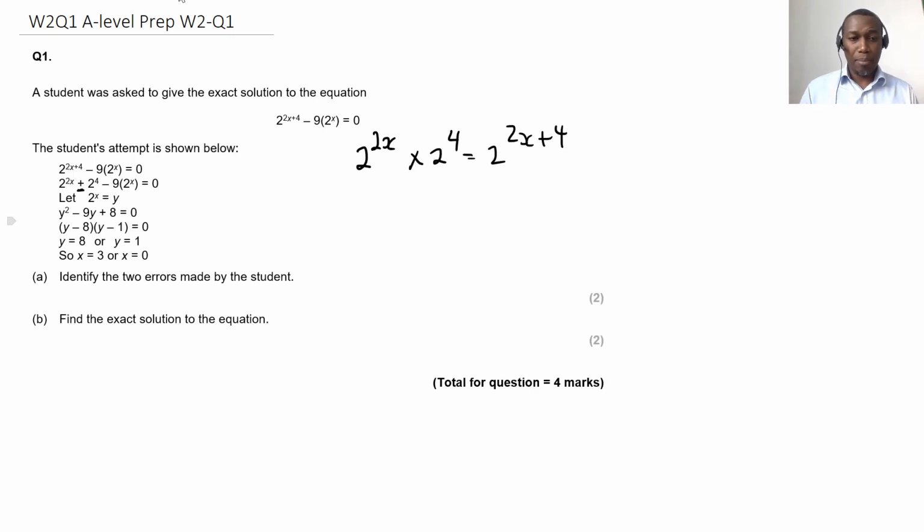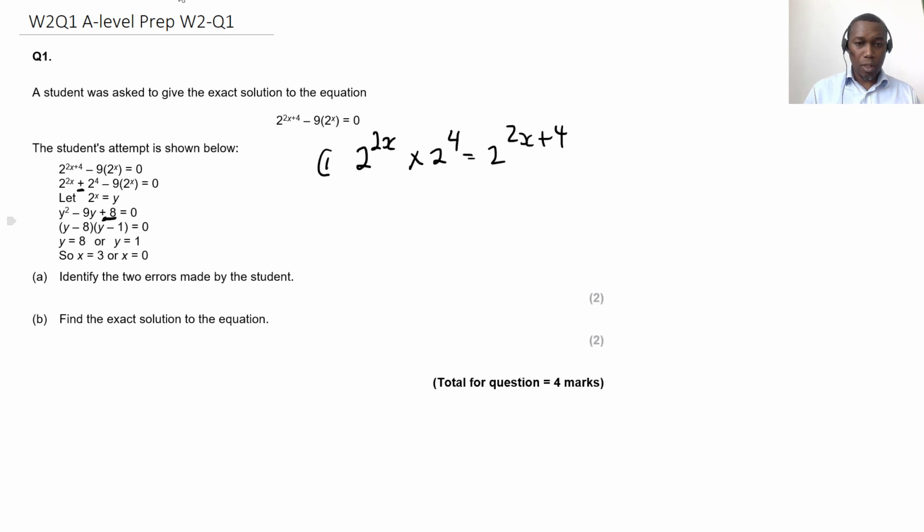It should have been multiplication, and you want to make that clear that that plus sign should be a multiplication sign. The second problem occurs down here. Add 8. Where did the 8 come from? If we follow this person's work, they're adding 2 to the power 4.